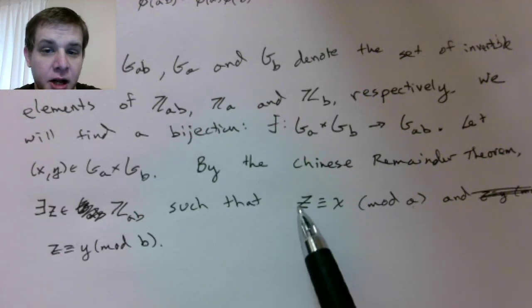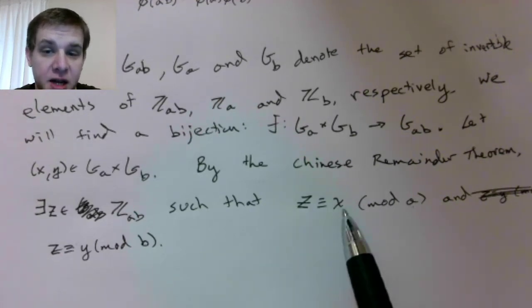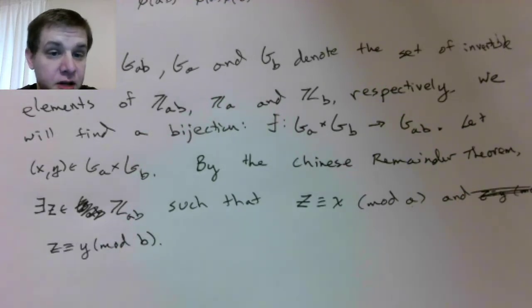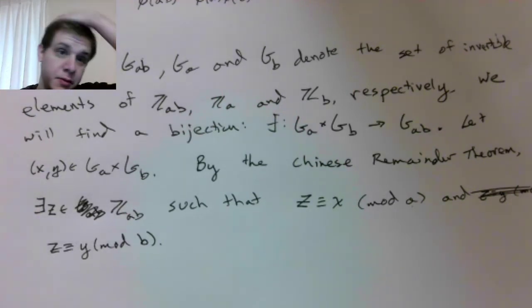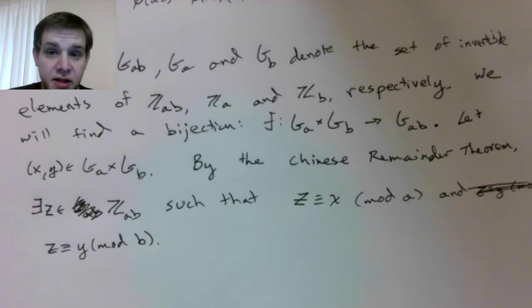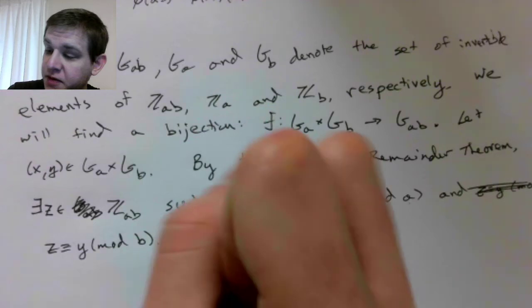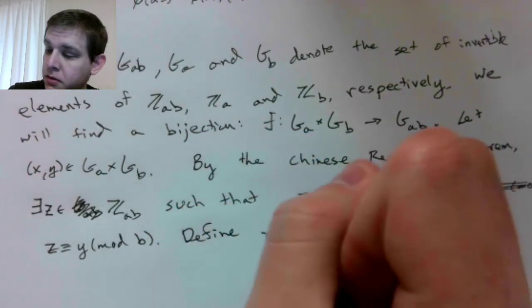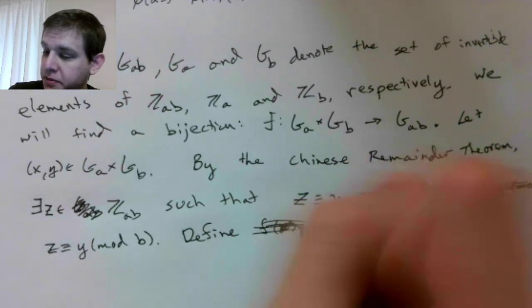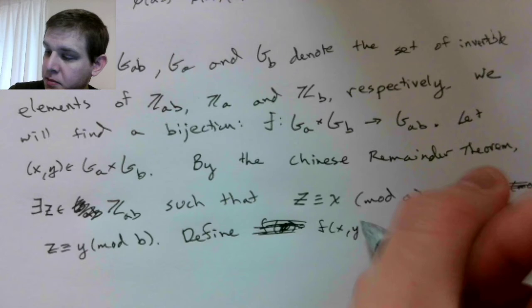I can find an integer z such that z is equivalent to x mod A and z is equivalent to y mod B. And we also proved that that integer was unique modulo AB. Okay, and this is our image. So define f of (x, y) to be equal to z.